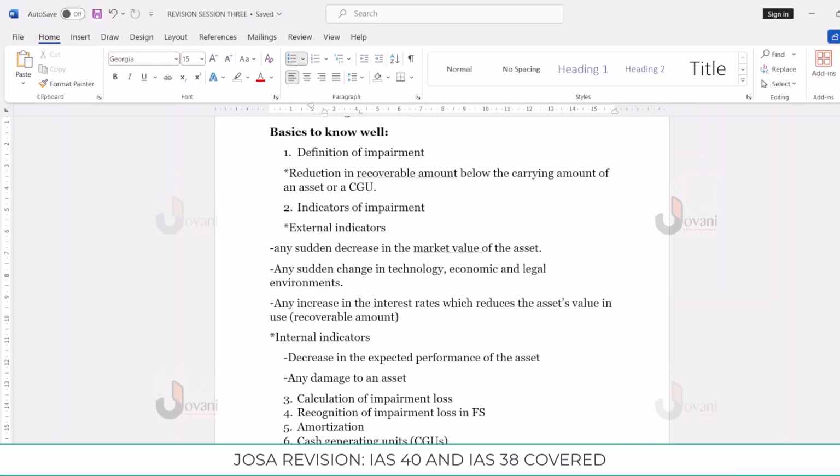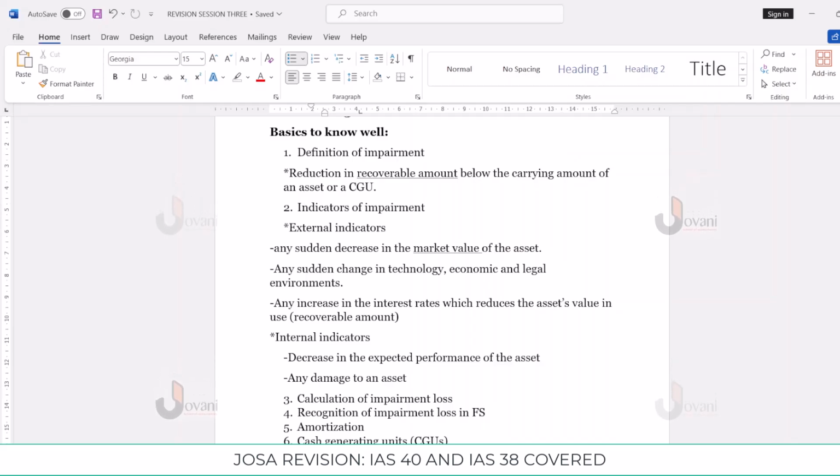At the end of the course, I'm going to show you some standards that move hand in hand. IAS 36, IFRS 5, IAS 10. In fact, even IAS 8, they sometimes move hand in hand.